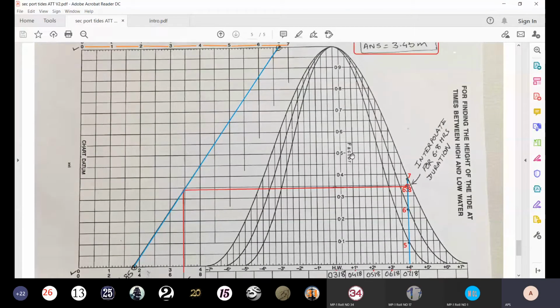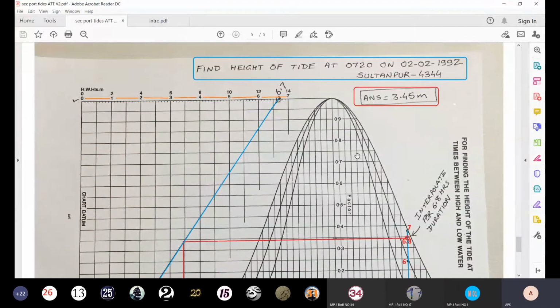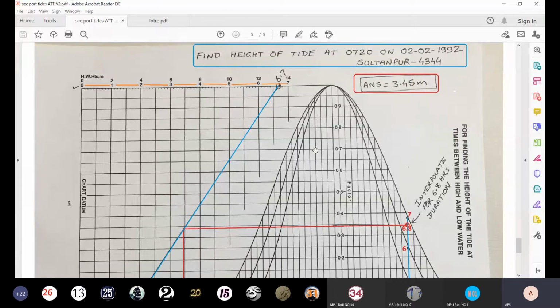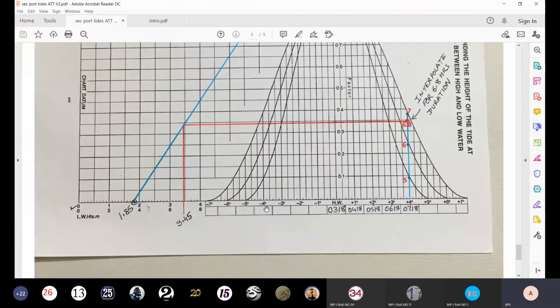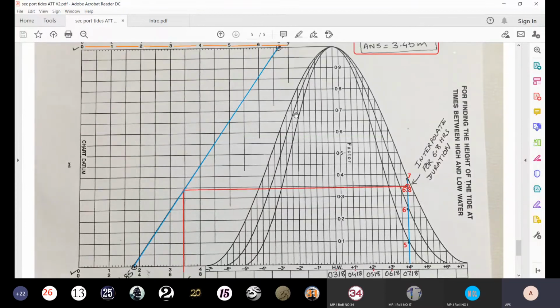Now these curves have changed. This is known as what? Duration curves. Why do we call them duration? Because of the time interval between high water and low water: 5 hours inner curve, 6 hours middle curve, 7 hours outer curve. So three duration curves are there.